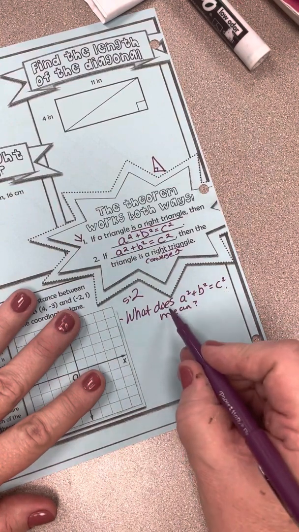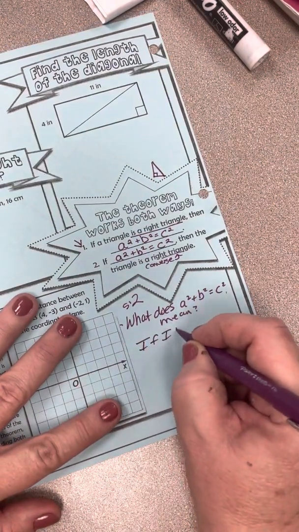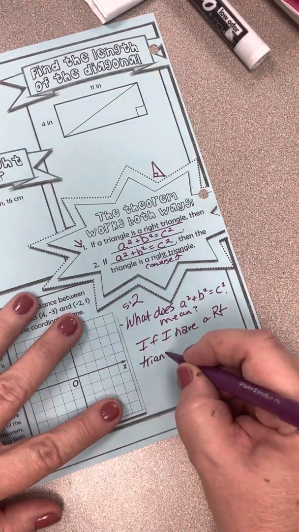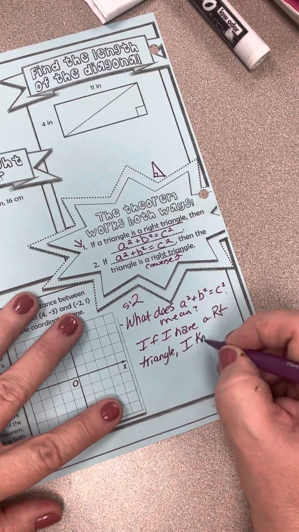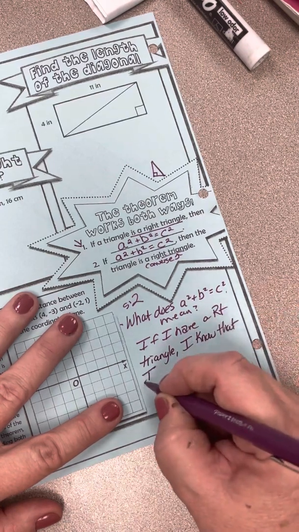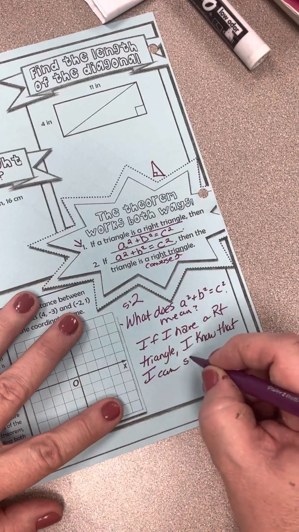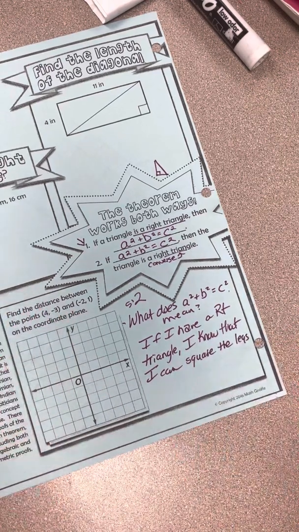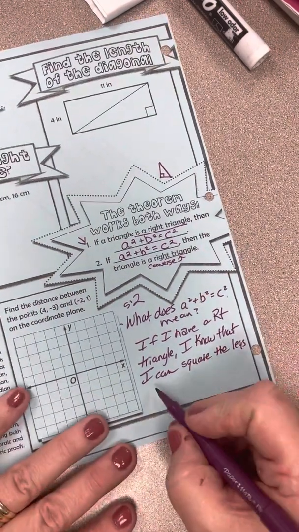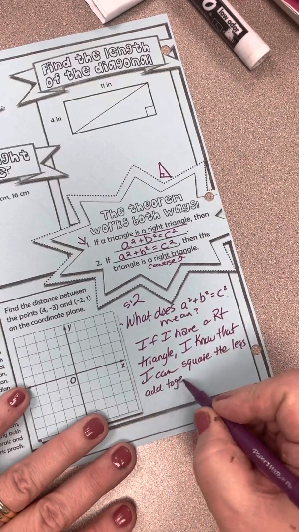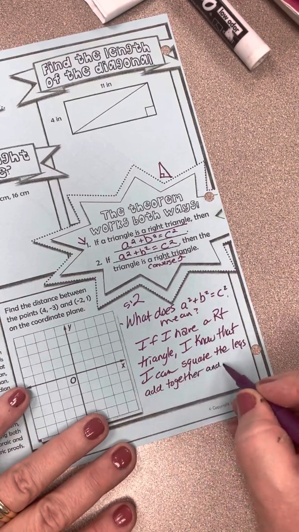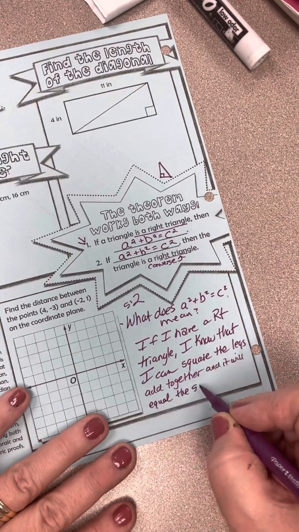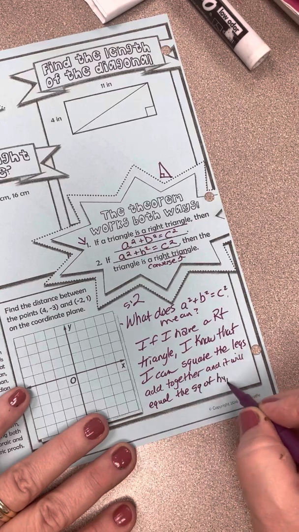It means that if I have a right triangle, I know that I can square the legs, or you could put the 2 shortest sides, okay, either one would work, add them together, and it will equal the square of the hypotenuse.